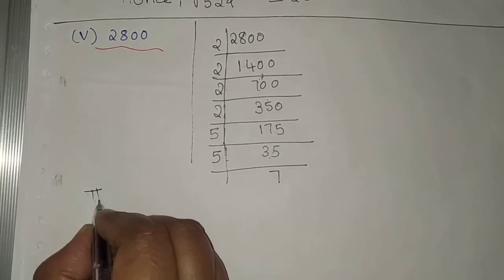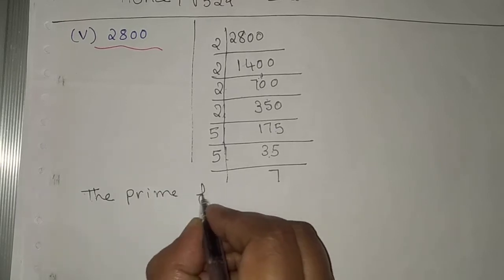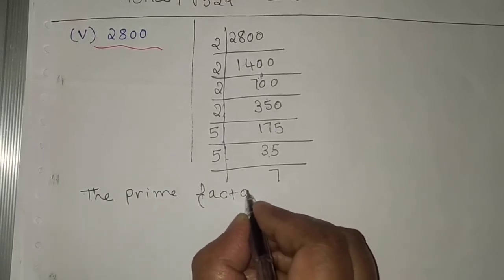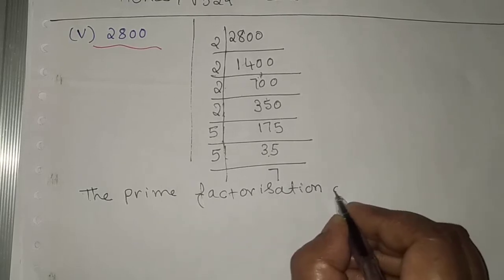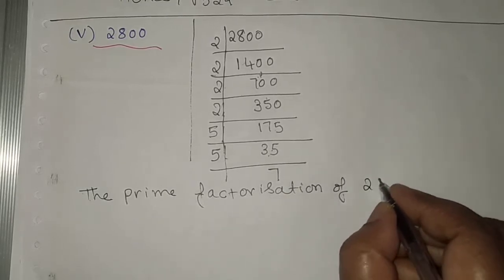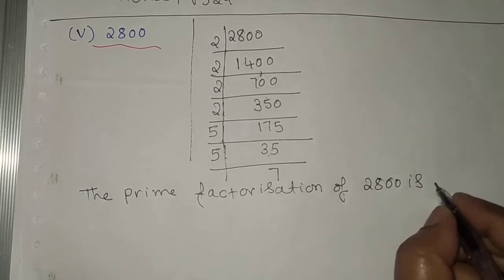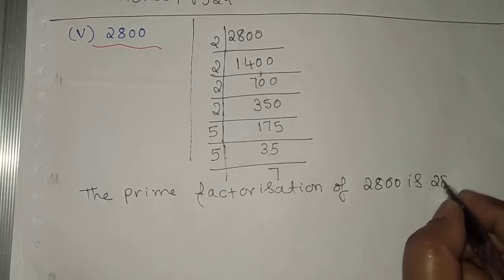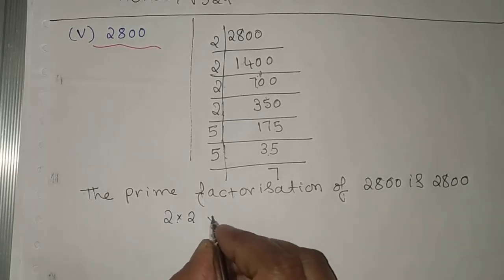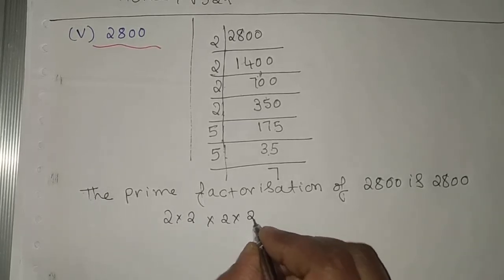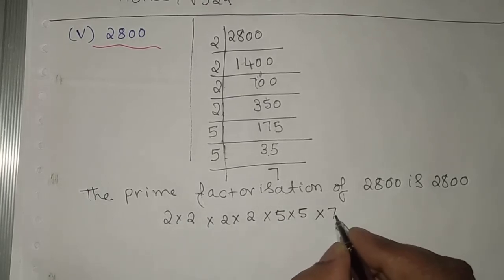What is the next step? The prime factorization of 2800 is 2 into 2 into 2 into 2, a pair of 5, and 1 7 is there.